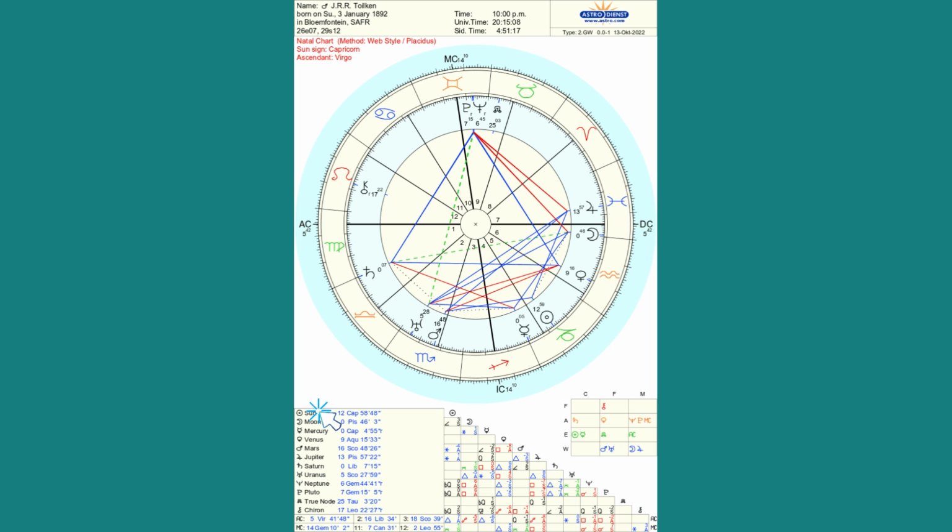Below, all the way at the bottom where you see the AC and the MC, is the sign and the degree that your ascendant is in, and the sign and the degree that your MC is placed in.